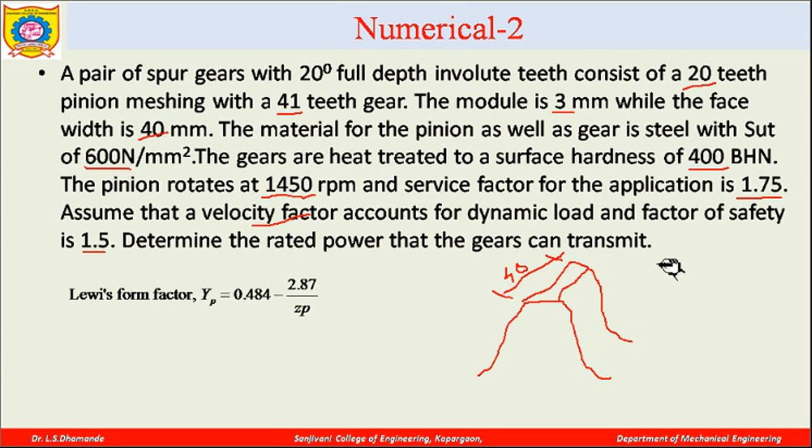So definitely, to find out the power that can be transmitted by this gear pair, we have to find out the beam strength and wear strength, and whichever is minimum is to be equated with the product of effective load and factor of safety.